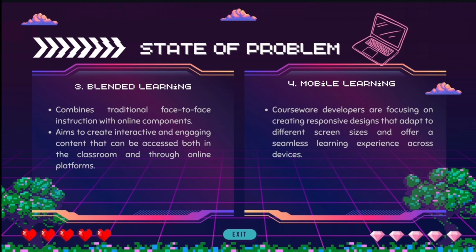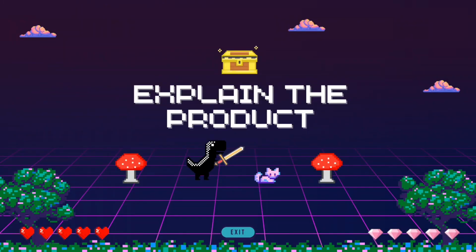With the increasing use of mobile devices, there is a growing demand for courseware that is accessible on smartphones and tablets. Furthermore, courseware developers are focusing on creating responsive designs that adapt to different screen sizes and offer a seamless learning experience across devices.